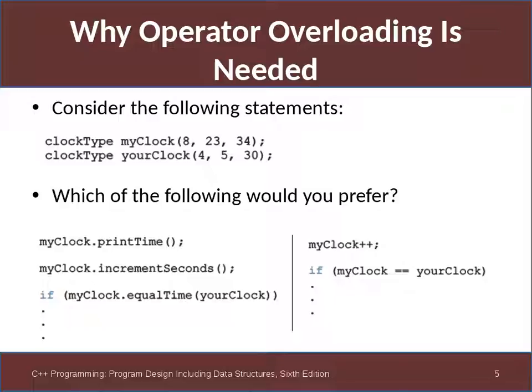So if I take my clock and I do plus plus, what am I doing? Adding to the clock. What am I adding? You're adding to the seconds. Well, how do you know I'm not adding to milliseconds? Because on the left it says my clock dot increment second. Right, so on the left I'm definitely incrementing the second, but how do you know I'm doing that on the right?